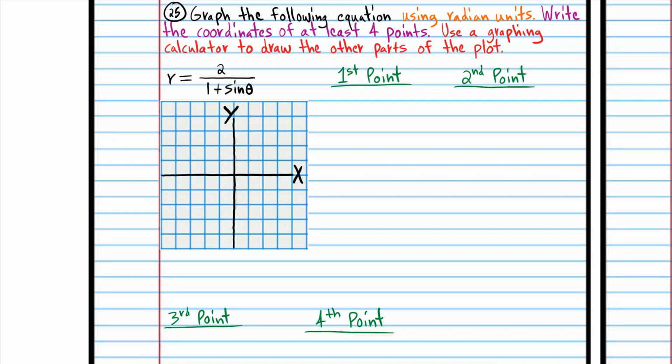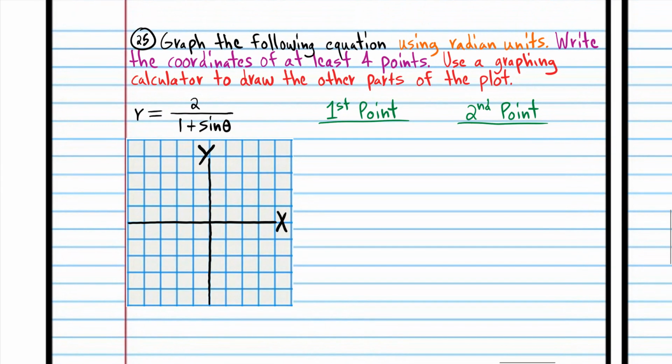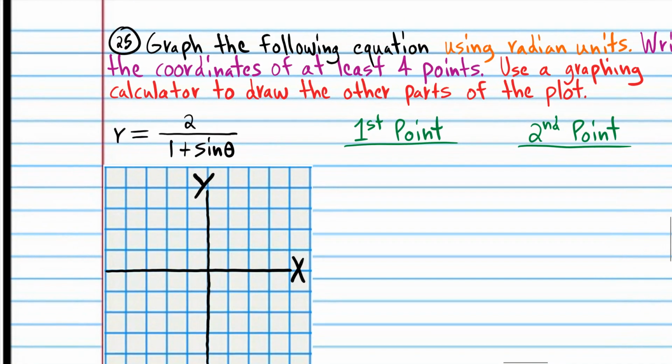So it looks like we have a parabola. Just waiting for the calculator to graph this. And yes, we do have a parabola. So now we need to actually find some points. So let's choose a theta value, and we want to stick with the easy values if we can. So 0 radians is an easy value, so 2 over 1 plus sine 0 radians.